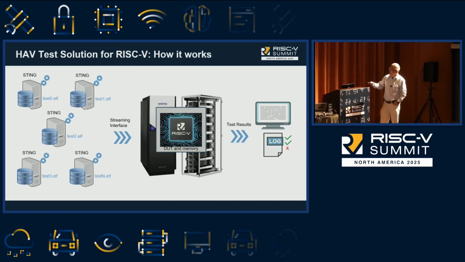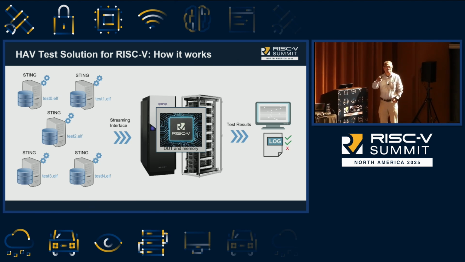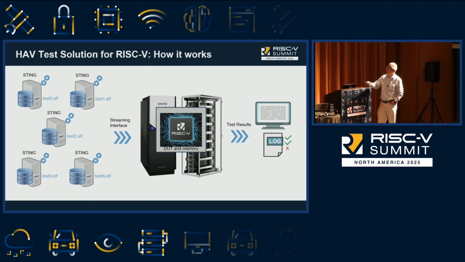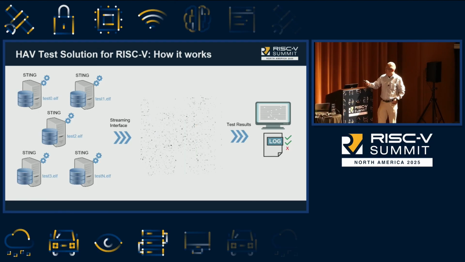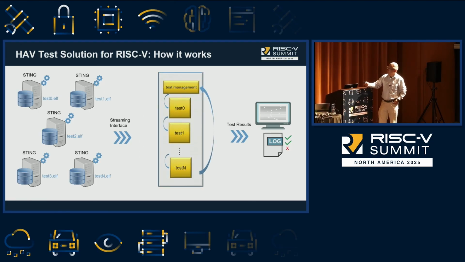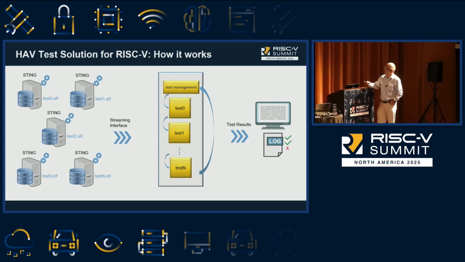The streaming interface is actually part of the ZeBu test bench. The streaming interface will pick up the test generated by Sting and load it to the ZeBu box where the DUT is running. On the ZeBu box, we can have a RISC-V system running. And there's a test management program.